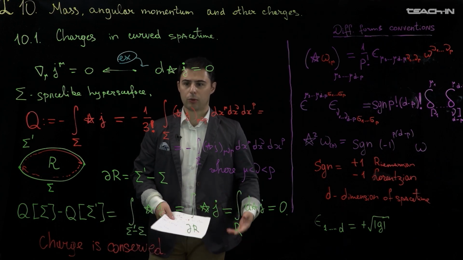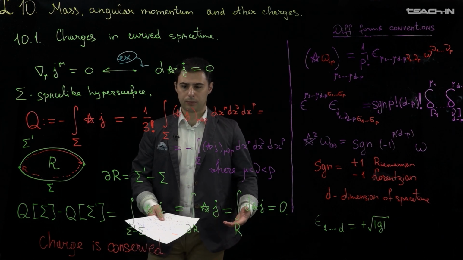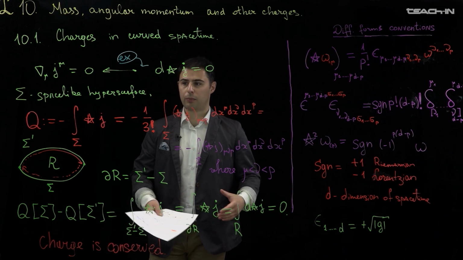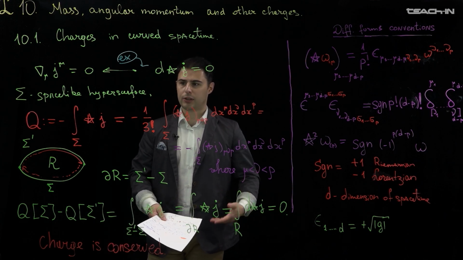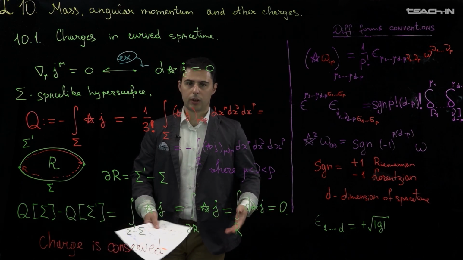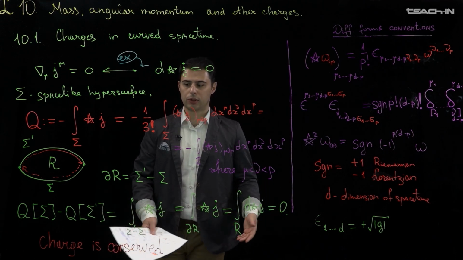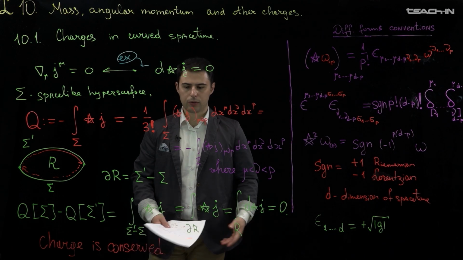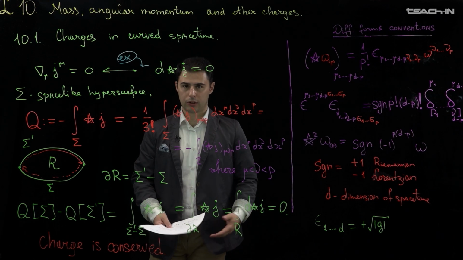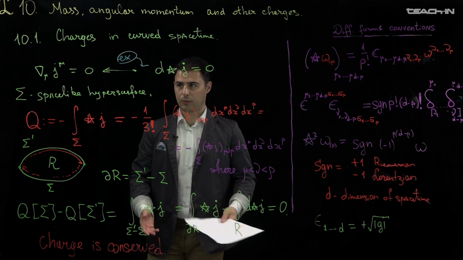So, in other words, we want to define some asymptotic charges by working with the boundaries, by taking such a space-like hypersurface which has a boundary itself, and we will integrate over its boundaries, so over two-dimensional surfaces at infinity. To do this, by the Stokes theorem, the star J needs to be exact. This is not always the case, as we will see in the next subsection.